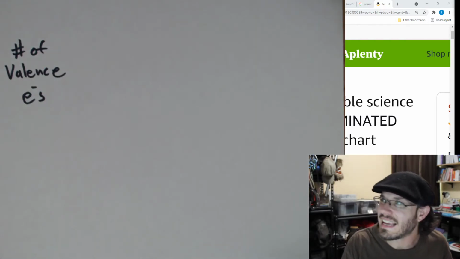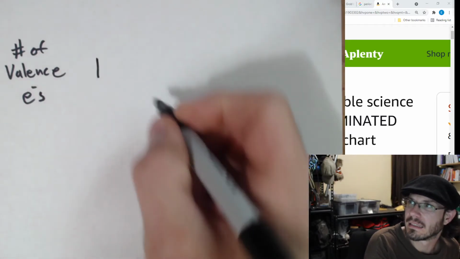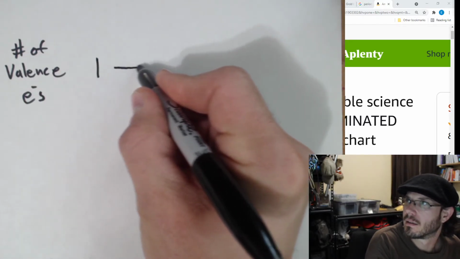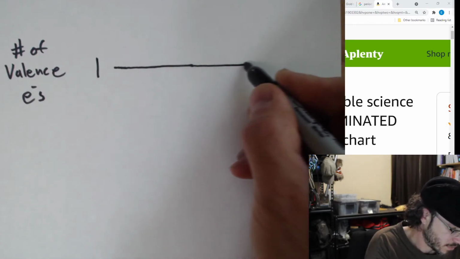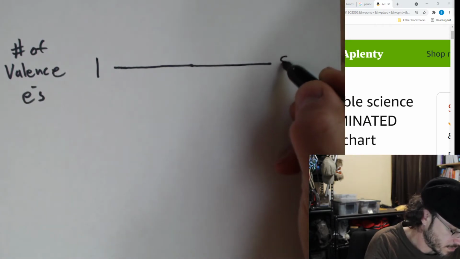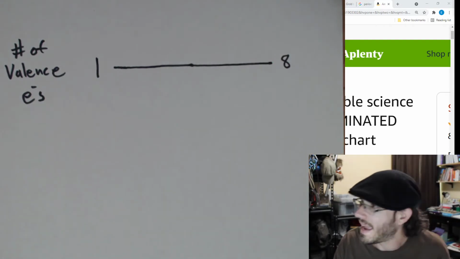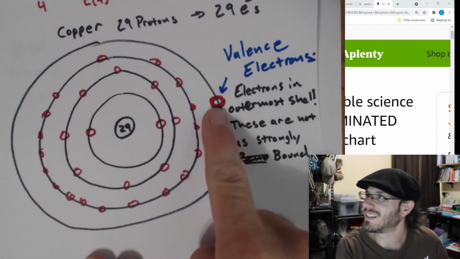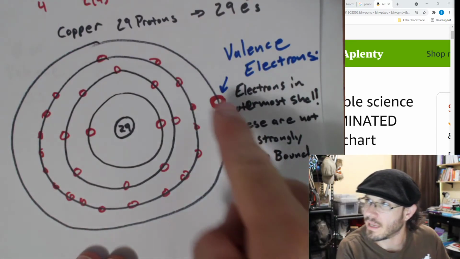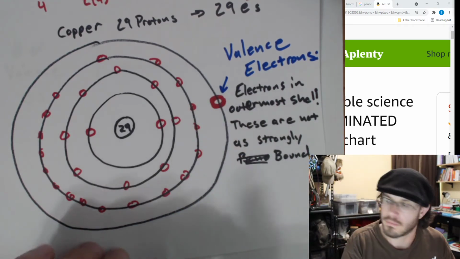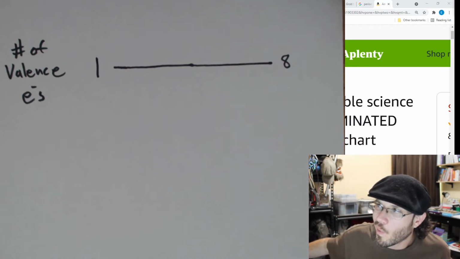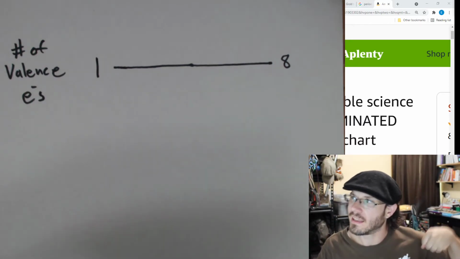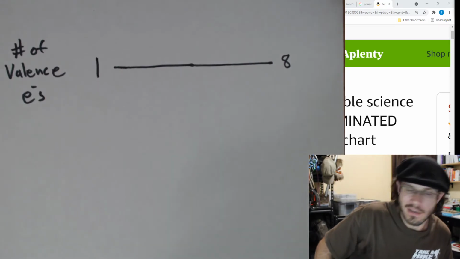Number of valence electrons: we could have 1 all the way to 8. We could have 1, 2, 3, 4, 5, 6, 7, 8. That determines how easy it is to take away an electron or to give it an extra electron.